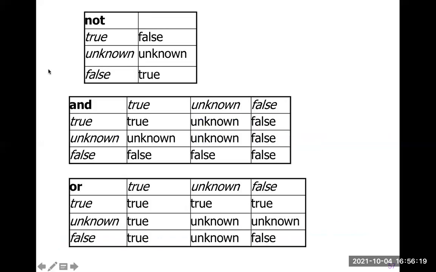And in logic, if I apply NOT to true, the result is false. Not false is true. Not unknown is still unknown. And we have the classical tables for AND and OR of three-valued logic. Here we have a special way.